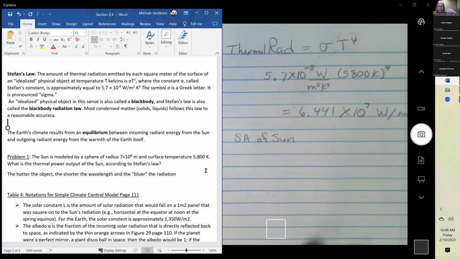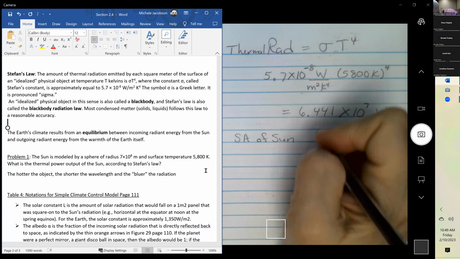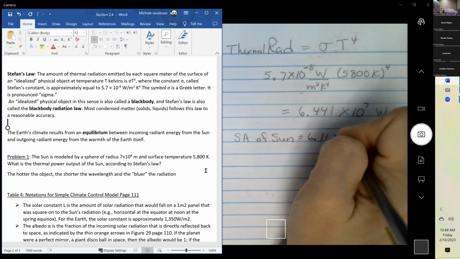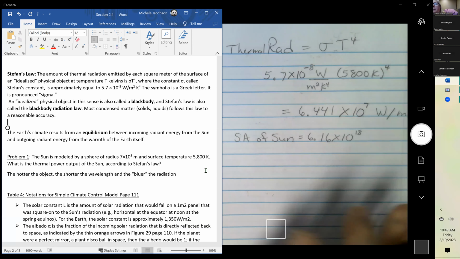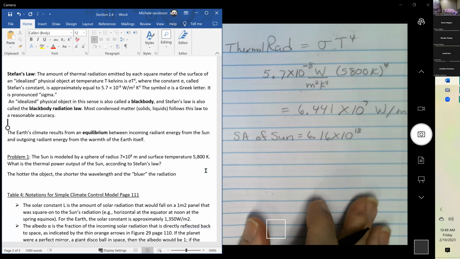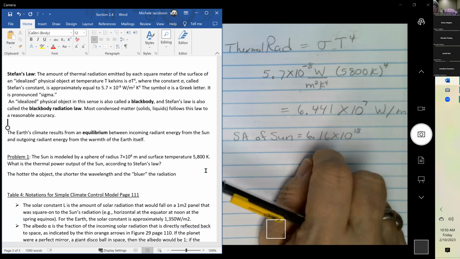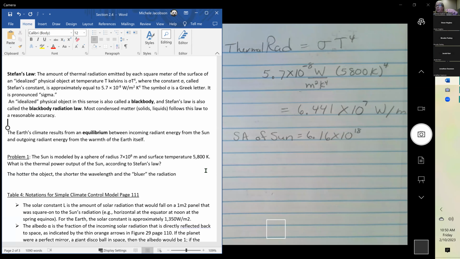The surface area of the sun is this. So we would need to multiply these both together to find the total heat that the sun gives.